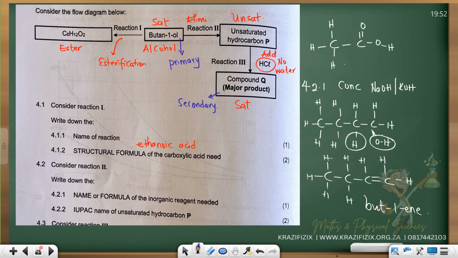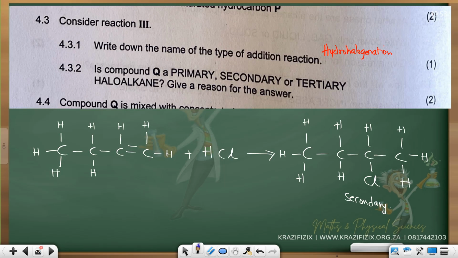So a primary going through elimination and addition changes it from primary to secondary. I once came across a question like that. I just remembered by looking at this. So I hope it makes sense. So how do you convert a primary to secondary? Eliminate, then add. It changes to a secondary.